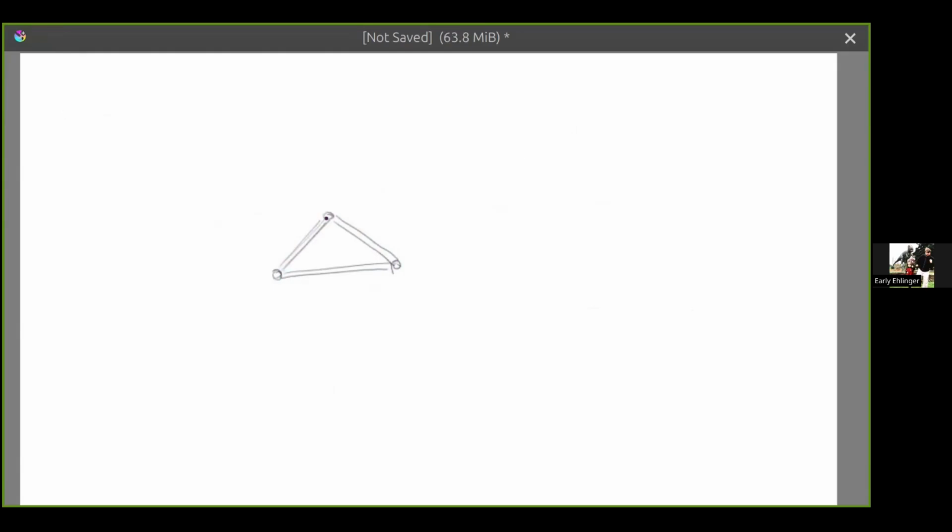Very common examples are train bridges from olden days, which would have a series of nodes like this and members that do something like this. They might have a pin at one end and a roller at the other end, but each of these individual nodes does not transfer any bending.